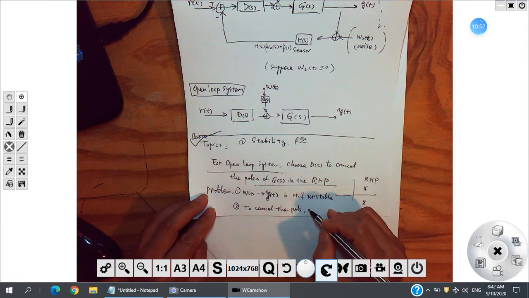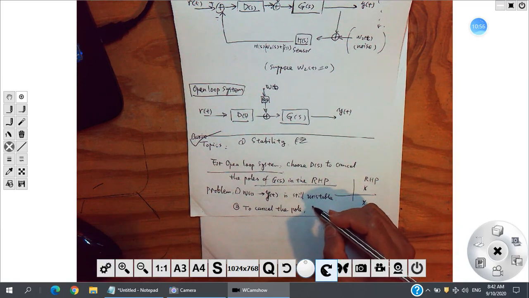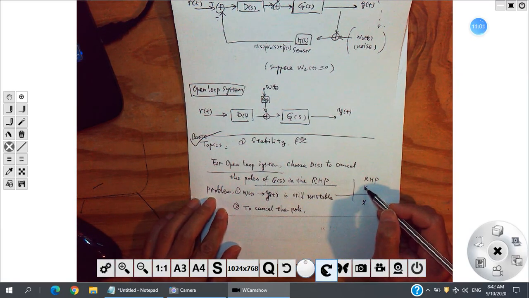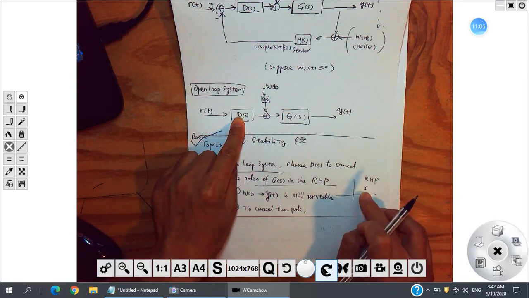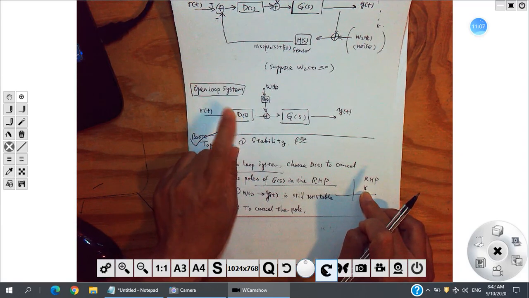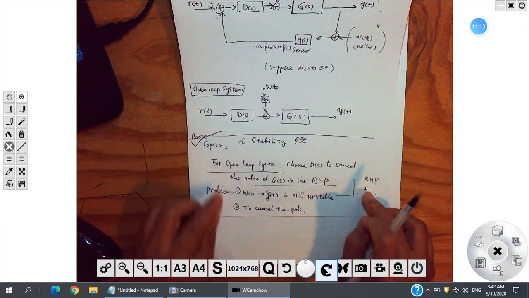But if you have a little bit of error, no matter how small, the pole will still be there. Only if the zero is exactly equal to this pole can it cancel. That is very hard.